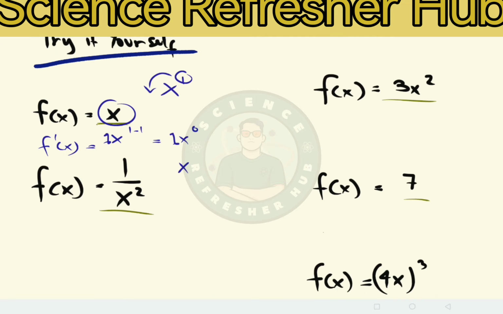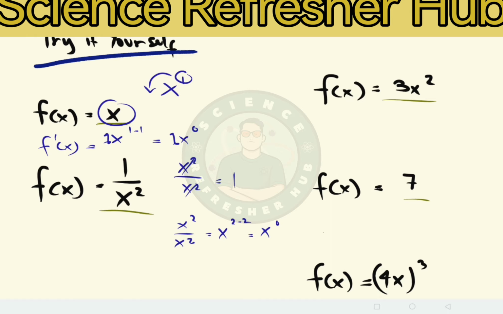Let's say, for example, you have x squared over x squared. Actually, we can cancel it and we have 1 as our answer, right? And also, if we use the rule of exponents, x squared over x squared, we can say x raised to 2 minus 2.